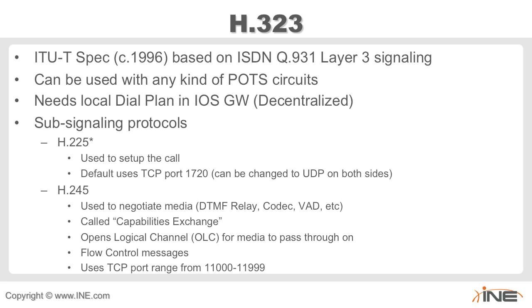And this does something called Open Logical Channel, or OLC, to define the media ports, the IP ports that media is going to pass on, as well as the RTCP ports for the RTP to be controlled with. This also deals with flow control messages back and forth. And this uses the TCP port range from 11,000 to 11,999. Well, I should say it uses that range when being used with slow start. And we're going to talk about the difference between slow start and fast start in a moment.